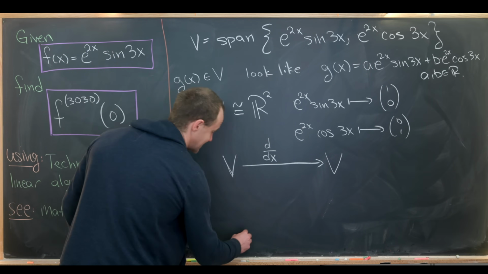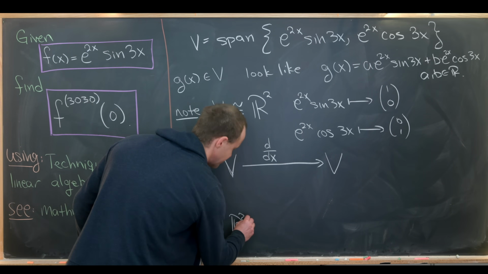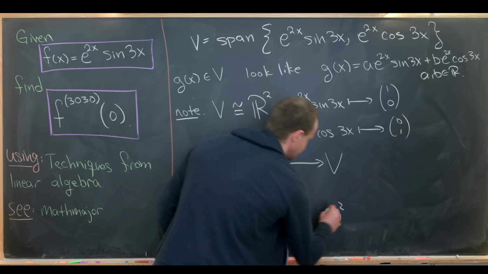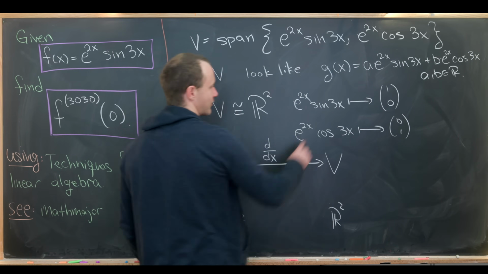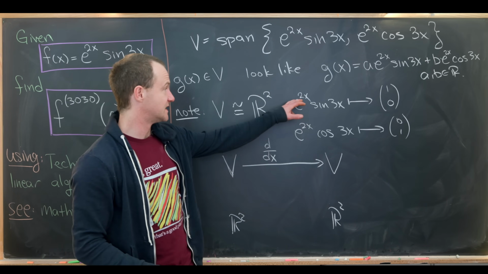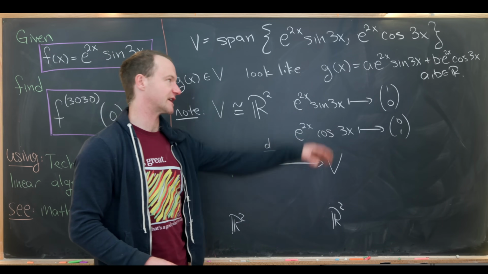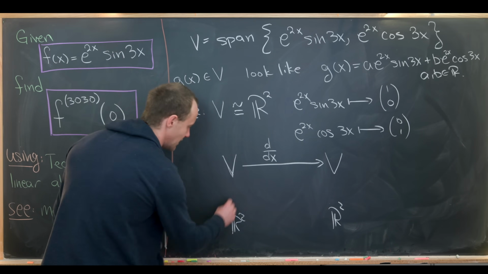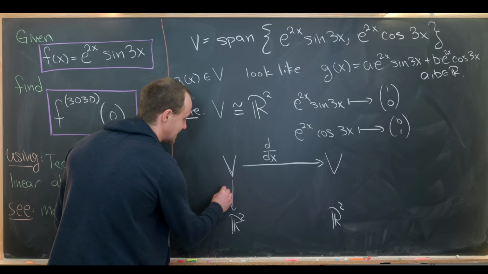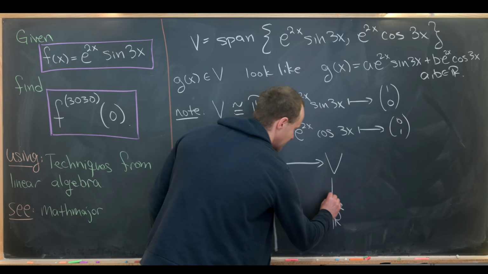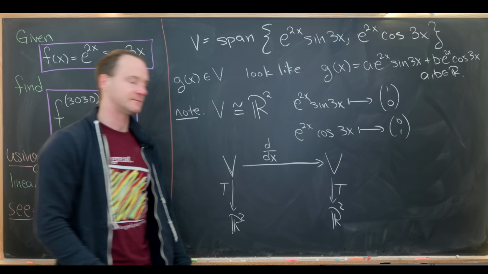And then down here, we have R2, and then we have this map right here, which matches e to the 2x sine 3x and e to the 2x cosine 3x with those two vectors. Maybe we could call that map T. So this goes here, and this goes here, like that.